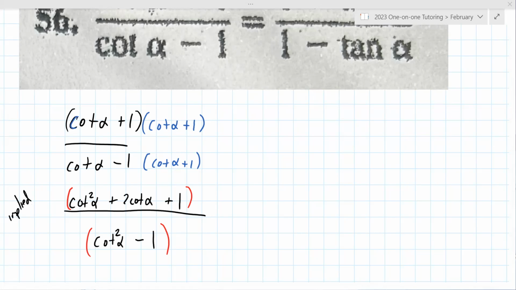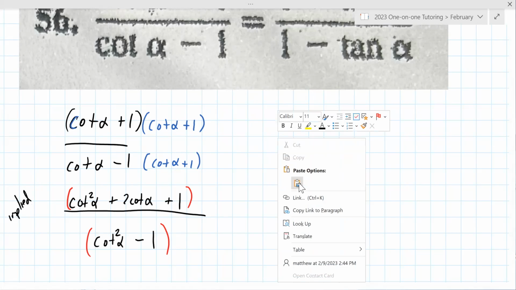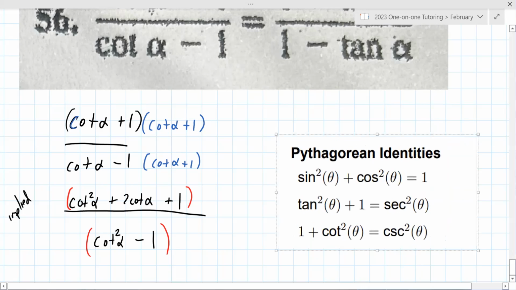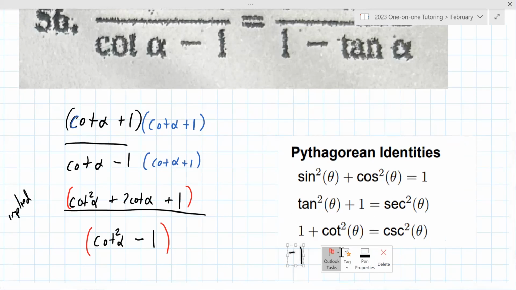Is there a Pythagorean identity? Yes, yes. Let me snip those in again. So that would equal cosecant on the bottom. If you move the one over, you've got to be careful because it may or may not be the one you want it to be.